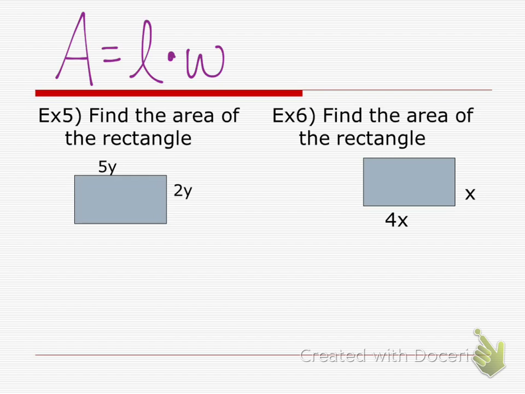So if we're setting that up for number 5, area equals, what is the length? It's 5y. It doesn't really matter which one you call the width and which one you call the length, because we're multiplying them together. So if I were looking at this, I would call the length 5y. If you visualize it differently, that's fine. But if our length is 5y, our width would be 2y.